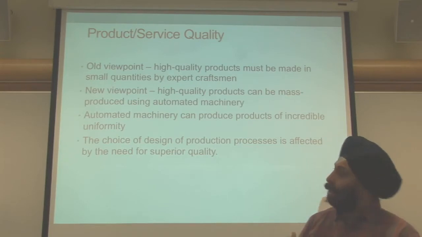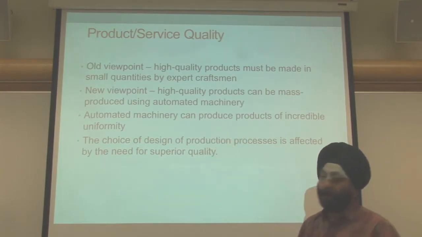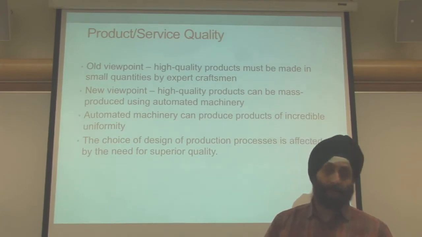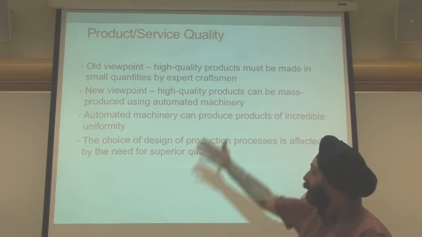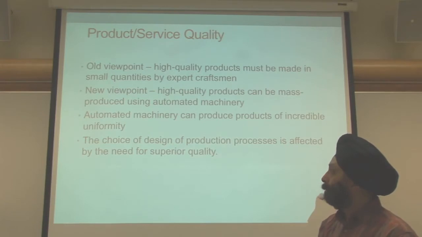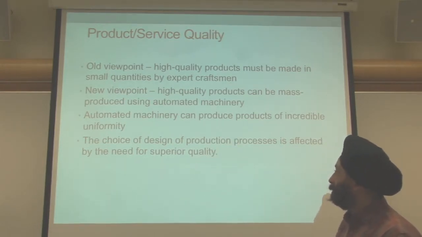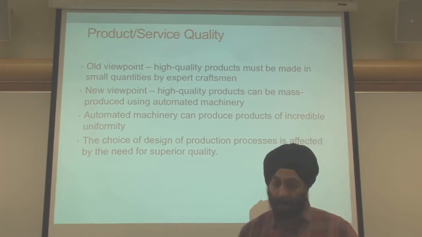So the production uniformity of a bottling plant, or any other type of service that is being provided by machines, will be highly uniform. That's where the quality does improve. The choice of design of production process is affected by the need for superior quality in this case.